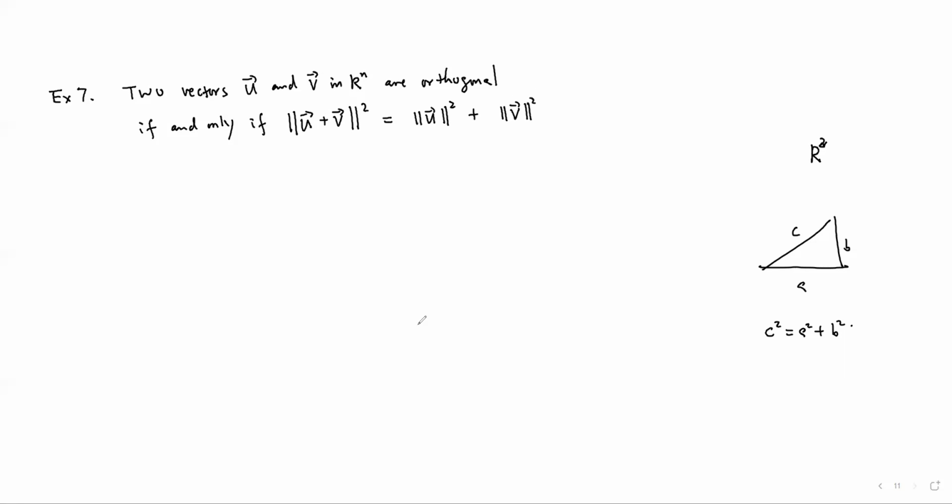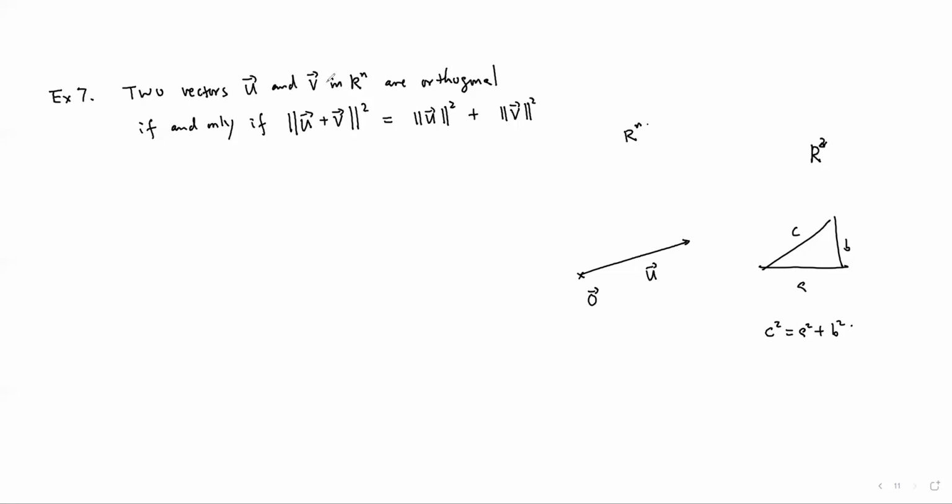Why is this equation the Pythagorean theorem? Of course, we cannot plot vectors in Rn, but still, imagine that this is Rn. Vector u here, vector v.